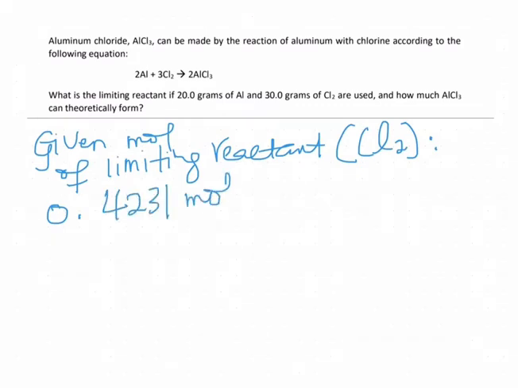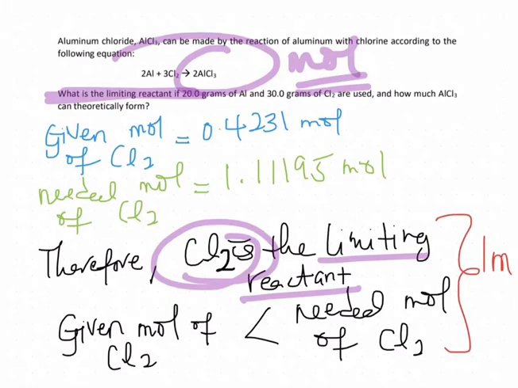The given mole is 0.4231 mole. A common mistake that students make at this point is using the needed mole to find the theoretical yield, which is incorrect.